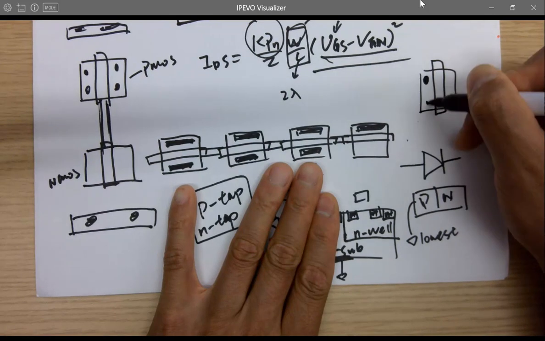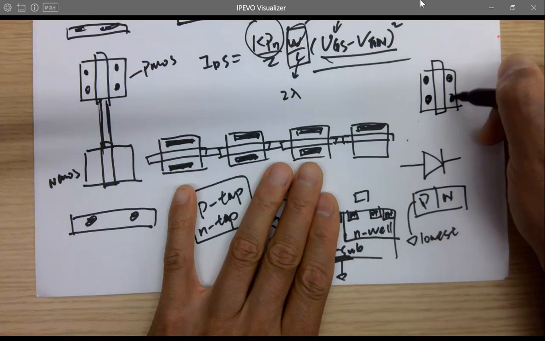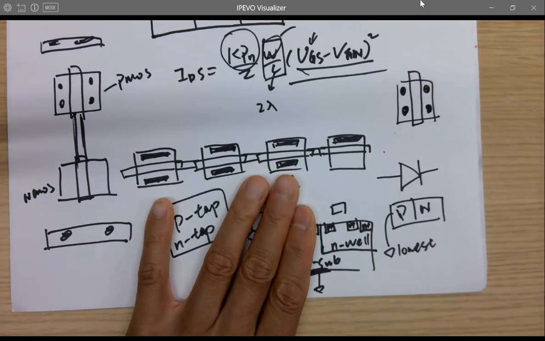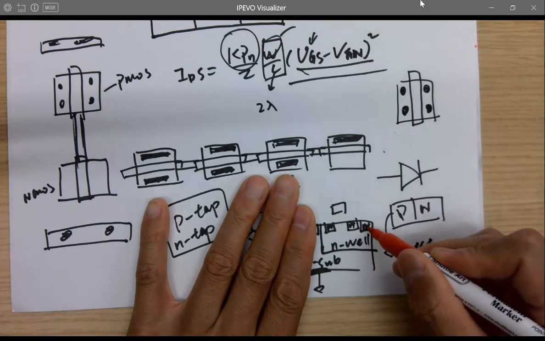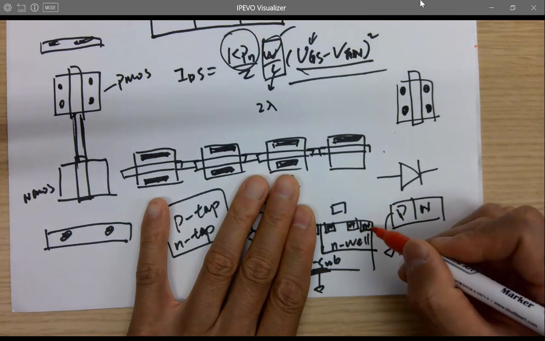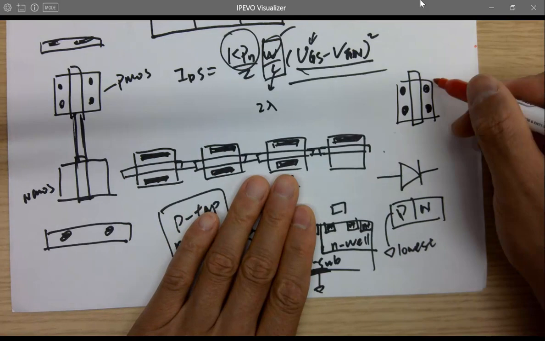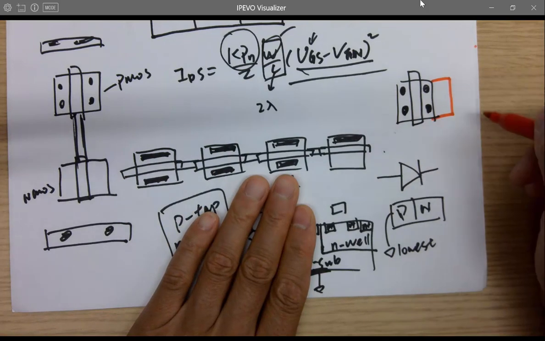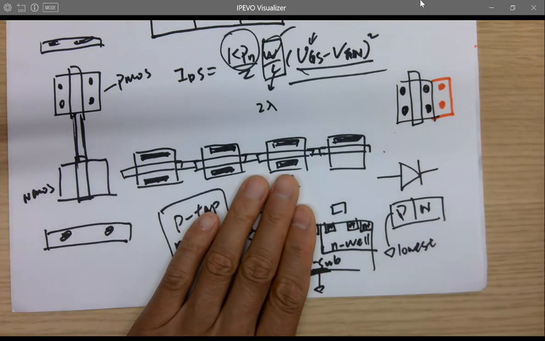It's going to be a transistor. What else? Where's that tap? Tap. Yeah. Right? Make sense?